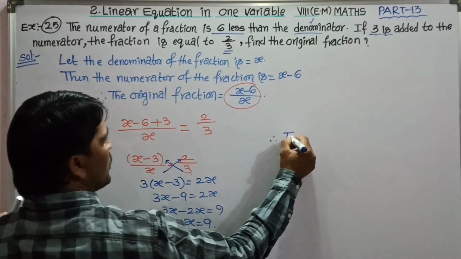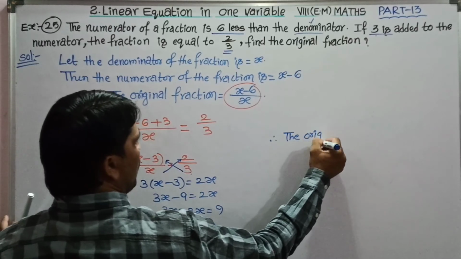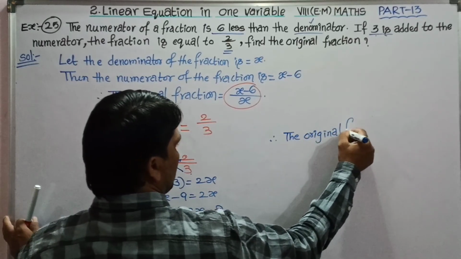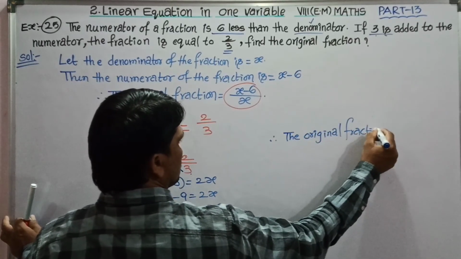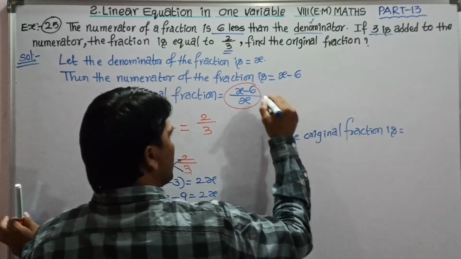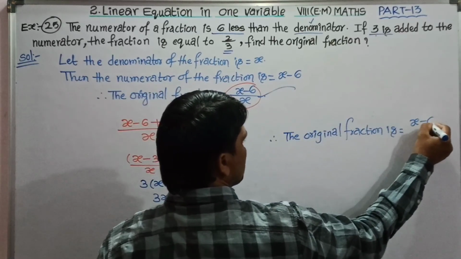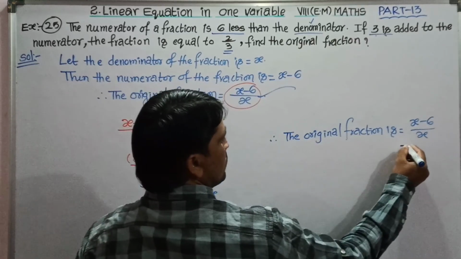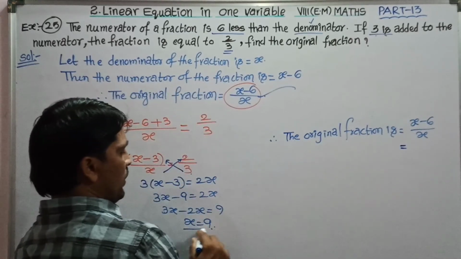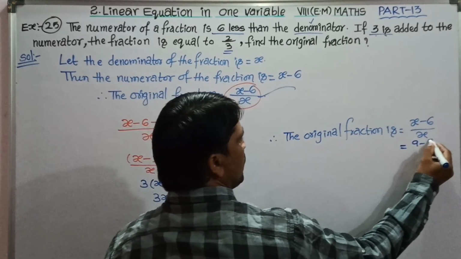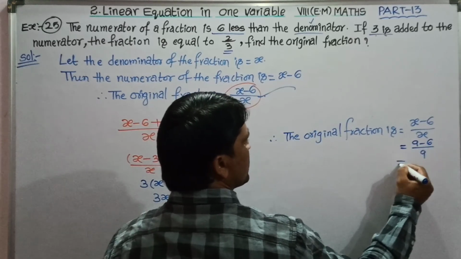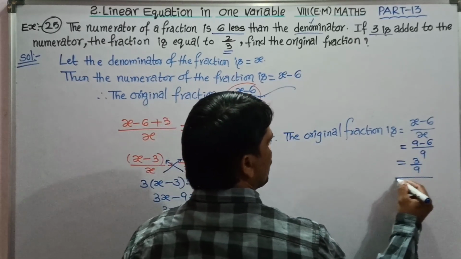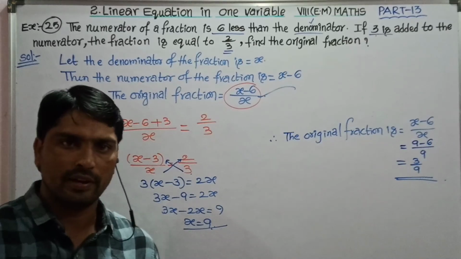Therefore, the original fraction, which is x minus 6 by x, with x value 9 substituted, gives 9 minus 6 by 9. 9 minus 6 is 3, so 3 by 9. So the original fraction is 3 by 9. Okay.